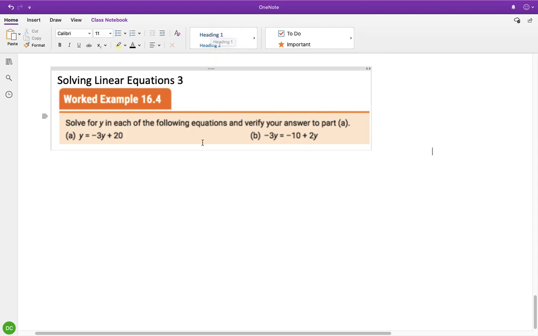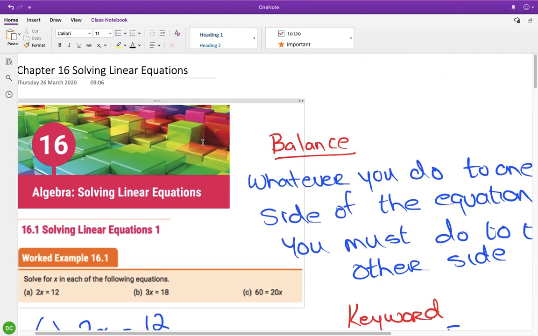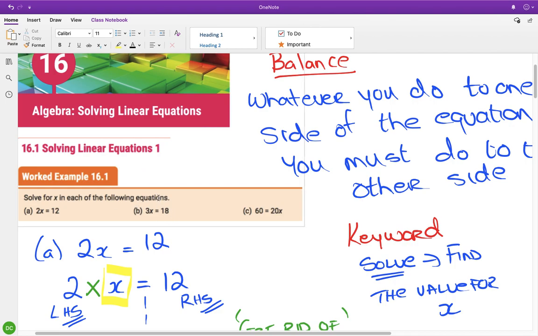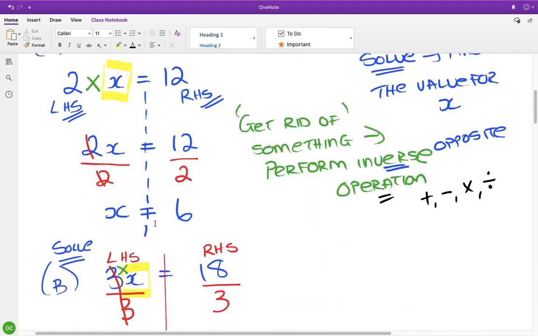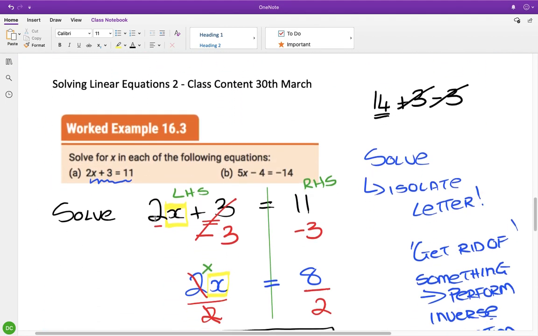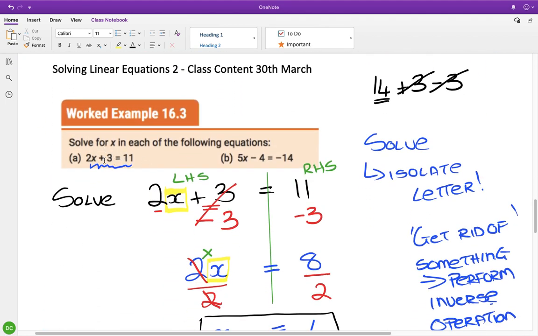Okay, so today's class, at this stage we have done solving the equations when you recognize that that 3 is being multiplied by that x, so you have to do the opposite operation, which is to divide. Then we complicated it a little in the second class where we added in a constant.